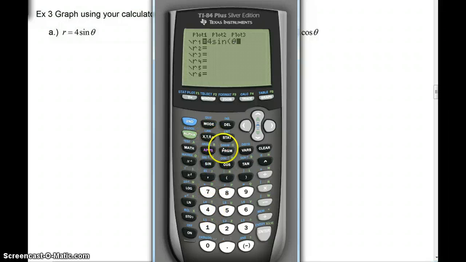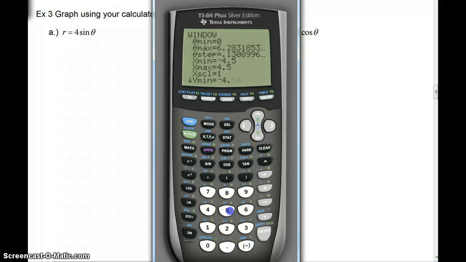Now when you hit x, you'll actually get theta. Hit window, and usually the basic setup's from 0 to 2 pi, and we'll keep that. But in terms of our x, let's change everything to maybe 4.5, -4.5, and +4.5. Sometimes kids are wondering, why are you doing that?